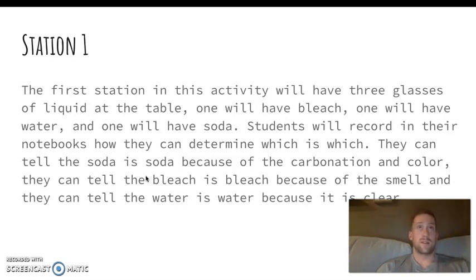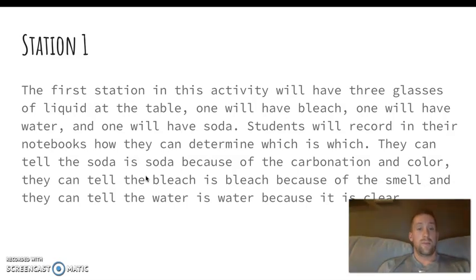Some of the things the teacher would be looking for is that the students can tell that the soda is soda because of the carbonation and the color. The color of the soda would be, let's say we're using Coke, darker than the water and the bleach, so that's the physical property that lets them know that that's the soda.